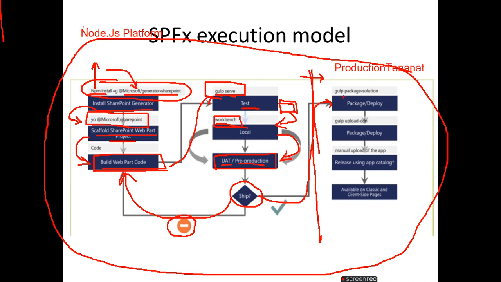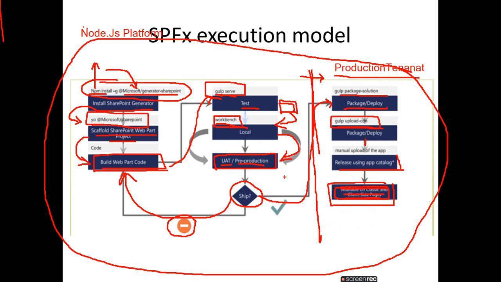And here you can see again gulp package-solution, and we need to deploy, gulp upload CDN, in case our solution uses it, it will convert the JavaScript into a CDN file. You know what the meaning of CDN is. Package deploy, manual uploading of the package, release using the app catalog. We deploy it on an app catalog, available on classic and client-side pages. What it means by classic and client is classic and modern pages, your web part will be available on both.